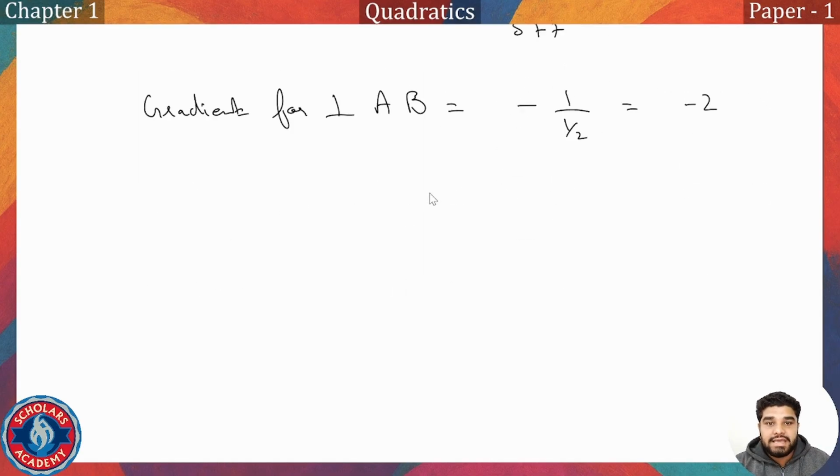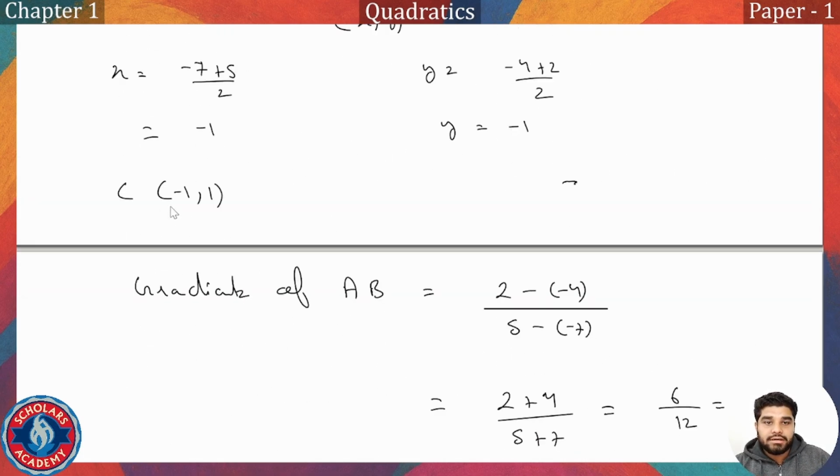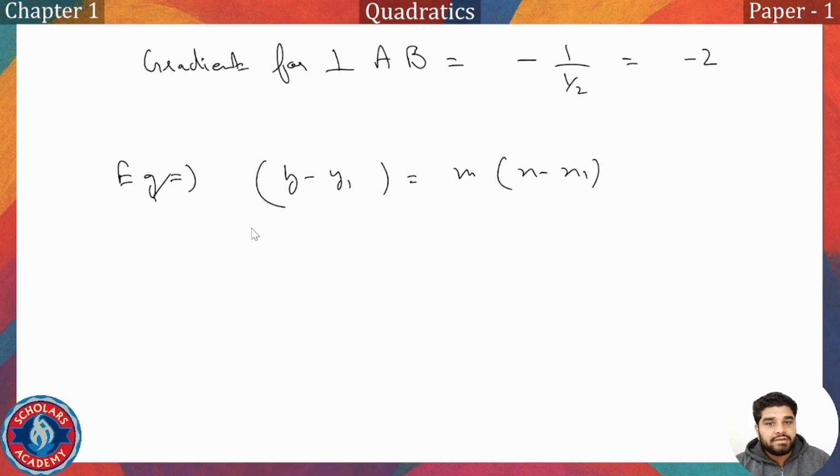So to find the equation of the perpendicular bisector, the equation will be y minus y1 is equal to m times x minus x1. So my point was -1 and -1. I will substitute these points over here, and m I will use as -2.